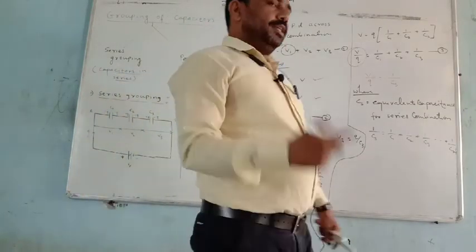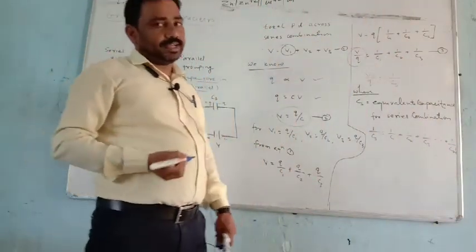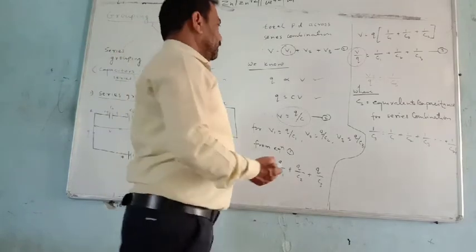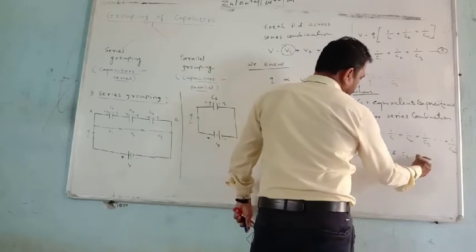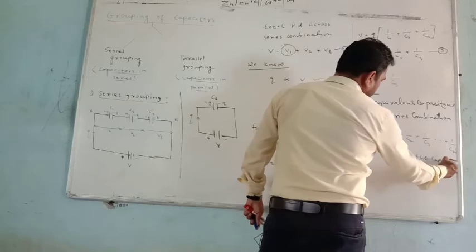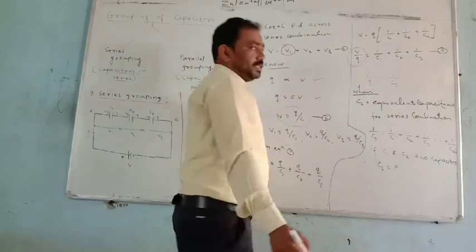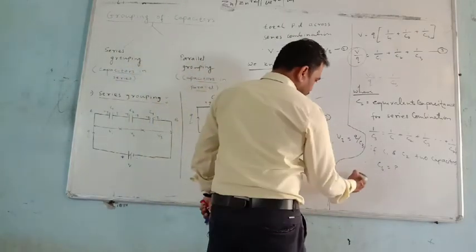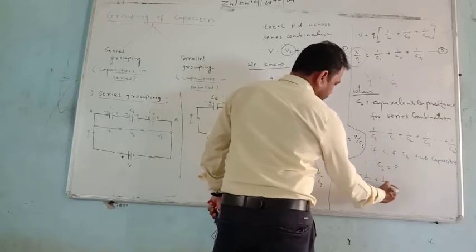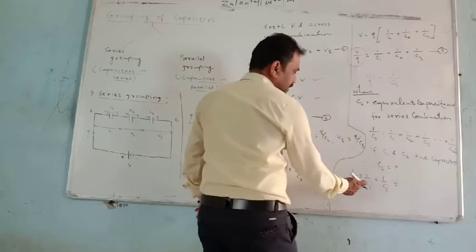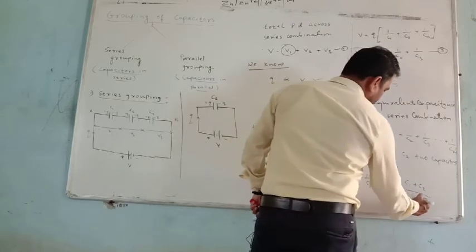If two capacitors are connected in series combination, how can we find the equivalent capacitance? See here. If we consider two capacitors C1 and C2, then 1 by CS is equal to 1 by C1 plus 1 by C2, which is C1 plus C2 upon C1 into C2.